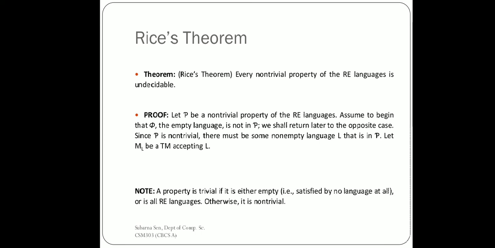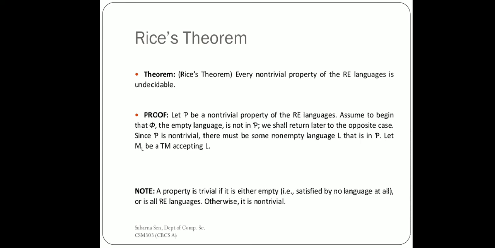Here we are assuming P to be a non-trivial property of the recursively enumerable languages. To begin, we are assuming that phi, the empty language, is not in P. If this property is not satisfied by any language, then it will fall under the category of trivial.